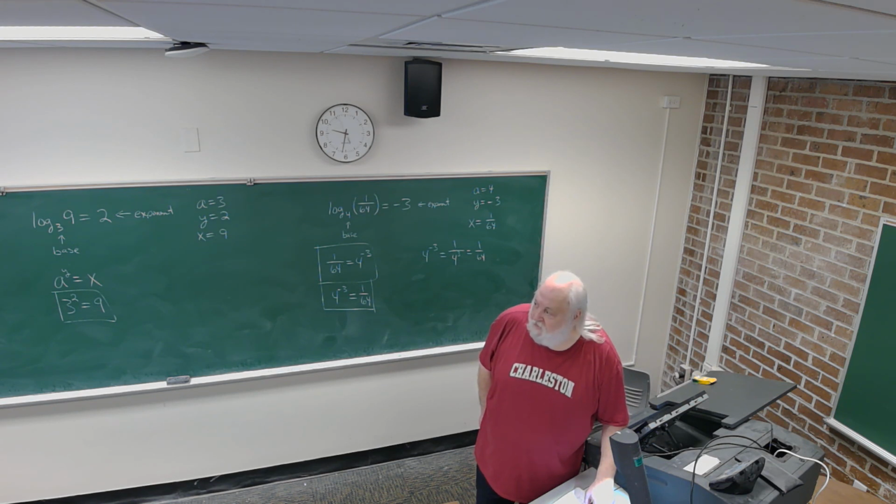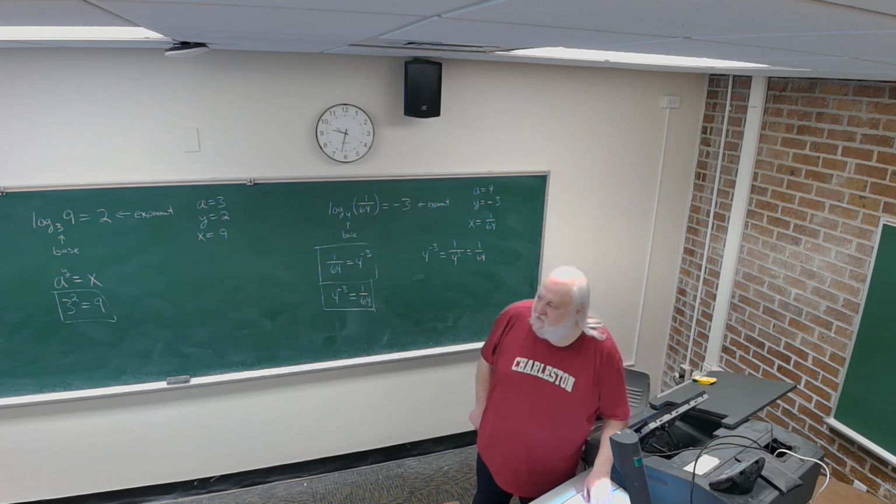And we know the range of f of x is from 0 to infinity. So you can see down here, the domain of the logarithmic function is from 0 to infinity. The vertical line x equals 0, which coincides with the y-axis, is a vertical asymptote. That's what VA stands for, vertical asymptote.